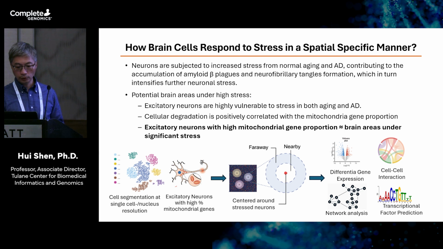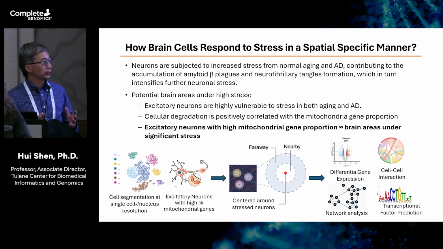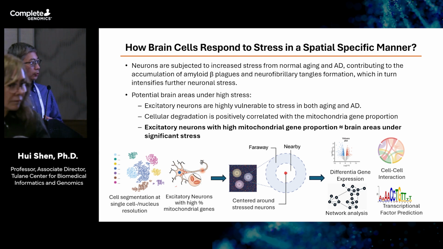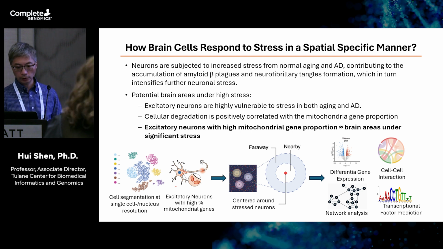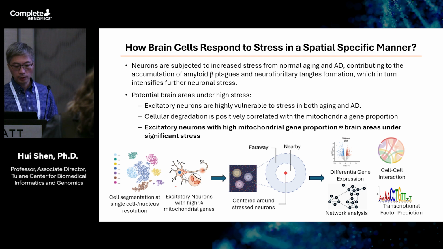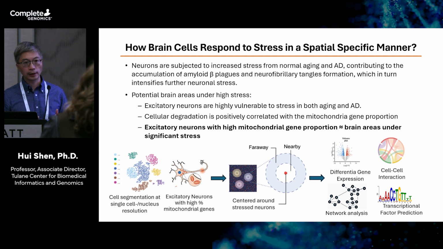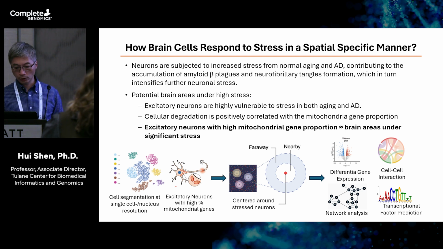Then we use the so-called concentric center analysis to categorize cells into different categories based on their spatial proximity to those stressed areas. Then we can compare the gene expression profile between cells that are close to or distant from those stressed brain areas.